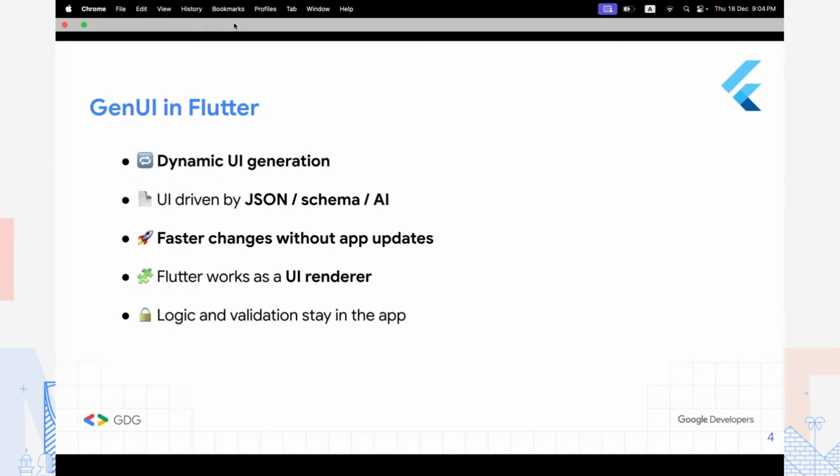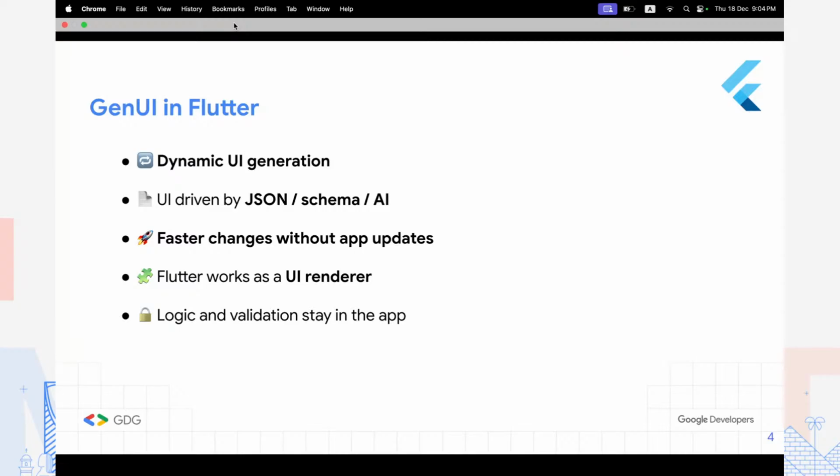But Gen UI is different from server driven UI because in Gen UI, the UI is not generated by the backend developer. We will be using AI to generate the UI for us, in the form of JSON or schema. And this schema or JSON is then going to be rendered into our Flutter applications. So this is the basic difference between server driven UI and Gen UI.